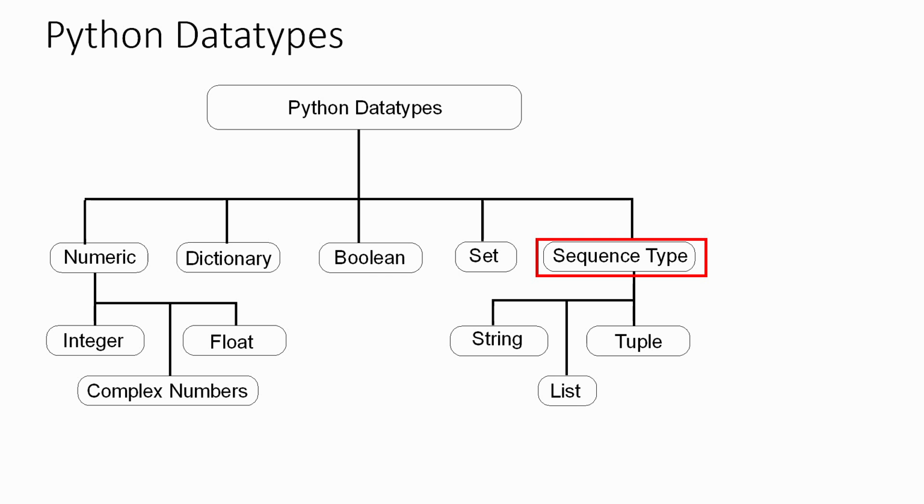And coming to the sequence types available in your Python programming language, the first and foremost sequence that you can define and use is the string. Strings are nothing but ordered sequences of characters. Example: double quotes of hello, single quotes of SM, double quotes of 7000. The moment you give a number inside double quotes or single quotes, that number will be taken as an ordered sequence of characters.